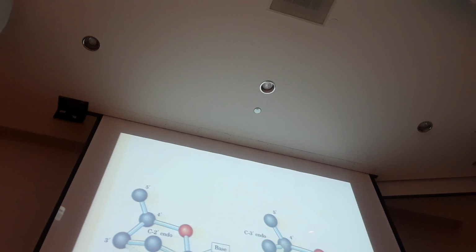On the right side of the slide, we see a pucker conformation where the 3' carbon is out of the plane, shown in solid colors here. This is the situation where the 3' carbon is on the same side again as the 5' carbon. We call this the C3' endo conformation. In principle, we could also assume the exo conformation, where this 3' carbon would be on the opposite side.